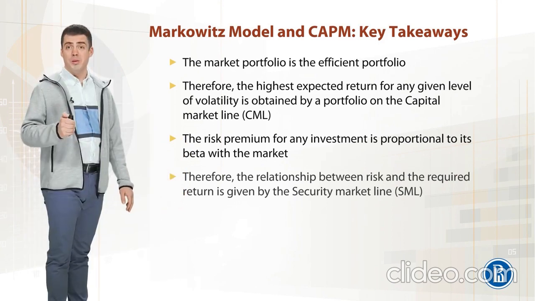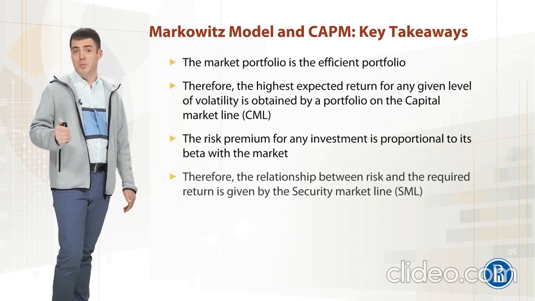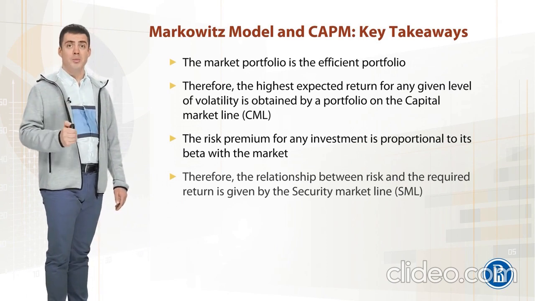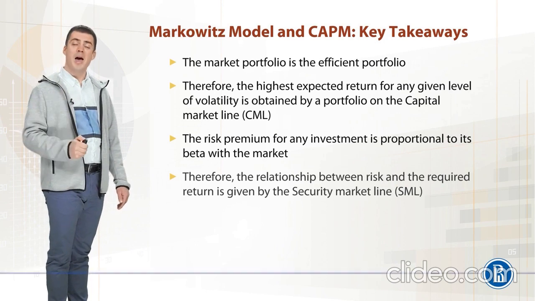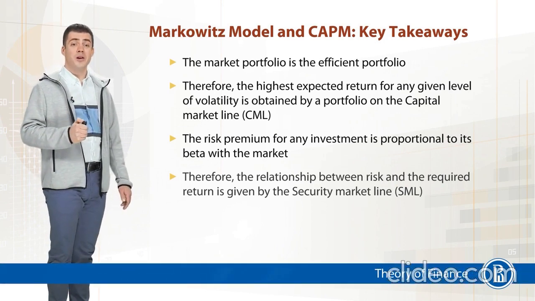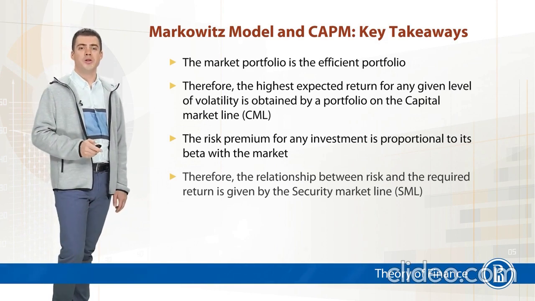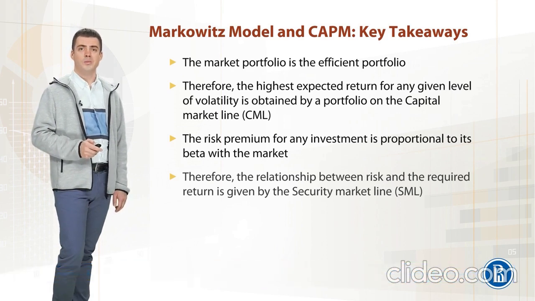However, the risk premium for any investment is proportional to its beta with the market, which is the key implication of CAPM as the linear one-factor model. And therefore, the relationship between risk and the required return is given by the security market line.